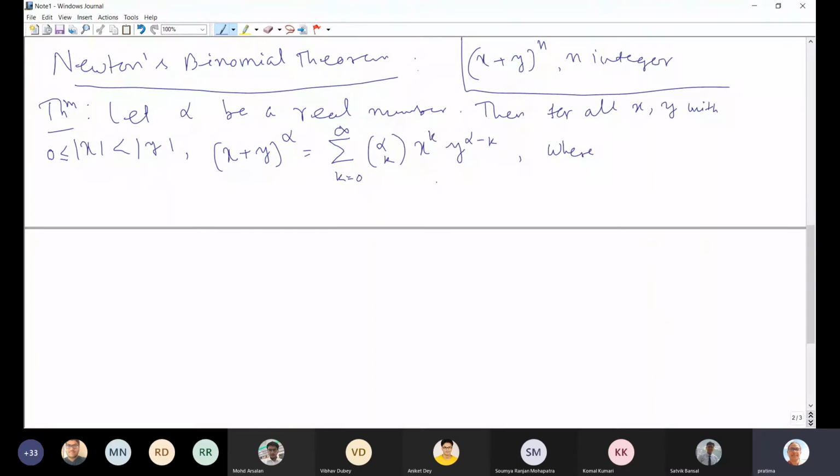We will take it in this way: alpha into alpha minus 1, alpha minus 2, up to alpha minus k plus 1, divided by k factorial. So this alpha choose k we shall define in this manner. So this is well defined, right, for any real number alpha.